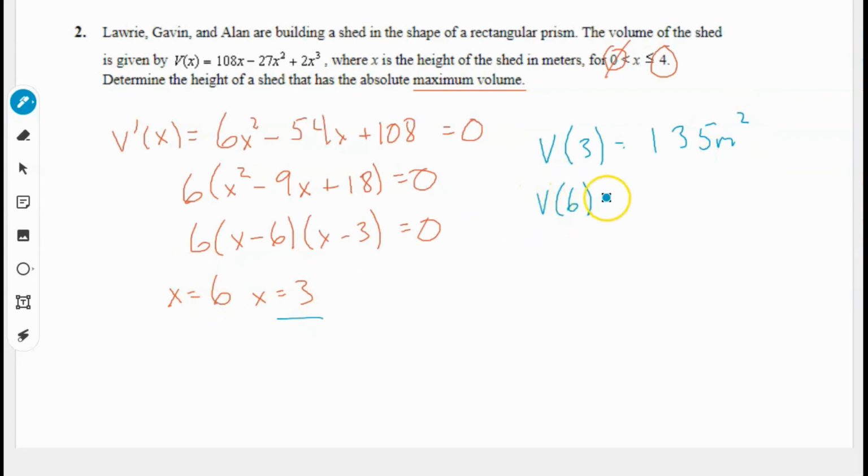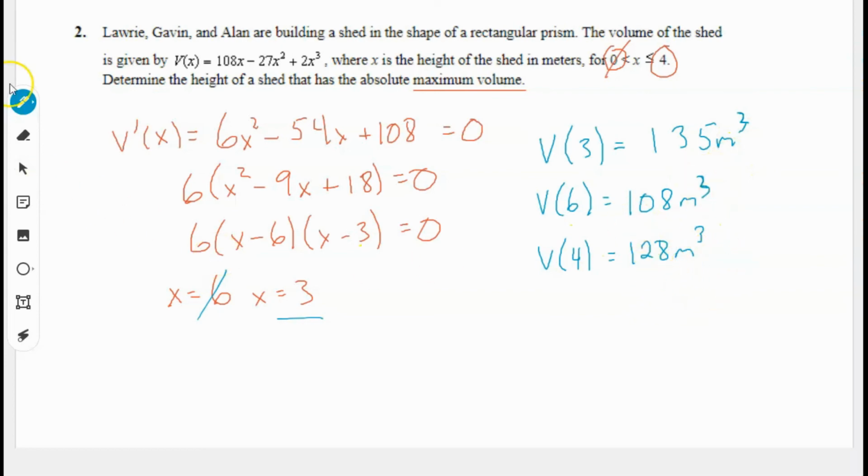If we substitute 6 into our volume equation, we're going to get 108 meters squared. Okay, so 3 is definitely larger, so not 6, but we still need to test that endpoint. So if we sub in 4 into that volume, we get 128 meters. Oh, this should all be cubed. It's volume.